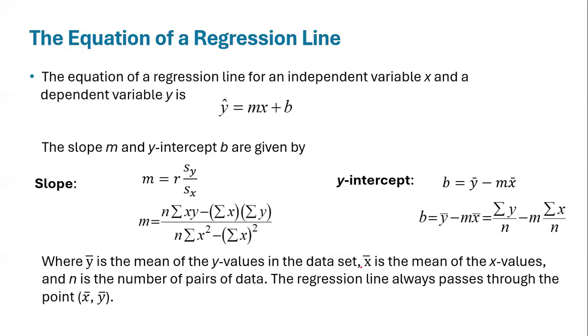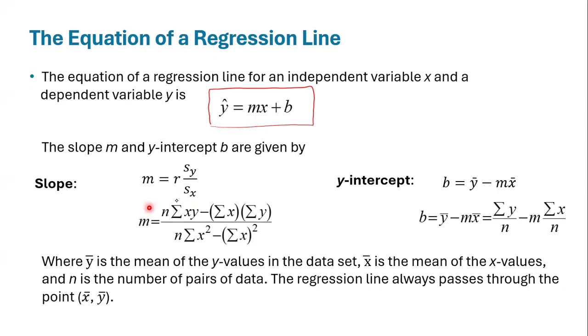So now the question is, if we have this equation for a regression line, how can we find the slope and the y-intercept to write the equation? To find the slope, we need the standard deviation of all of the y values and the standard deviation of all of the x values, divide them by each other, and then multiply by the correlation coefficient.